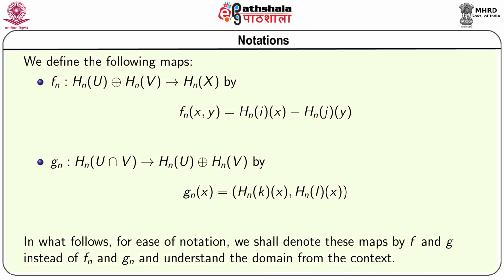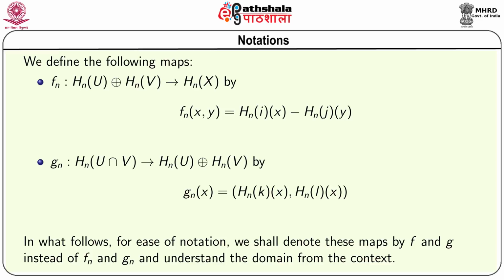Now, we define two functions. One is f_n from the direct sum H_n U and H_n V to the homology group H_n X, which we define by f_n evaluated at (x, y) is equal to H_n i x minus H_n j y.